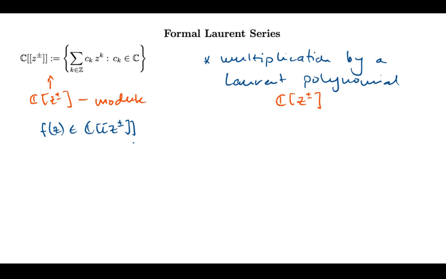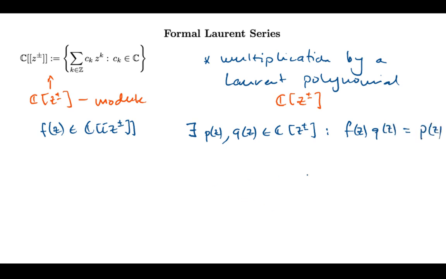And now what can happen is that I have two Laurent polynomials, we call these p and q, such that I happen to be in the situation that f times q is equal to p.